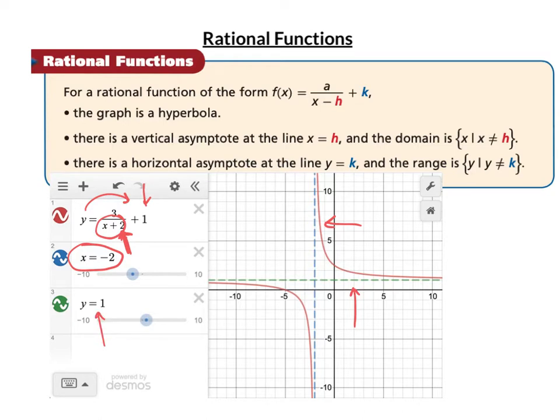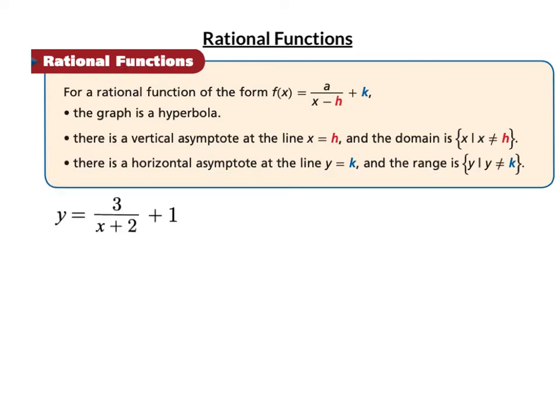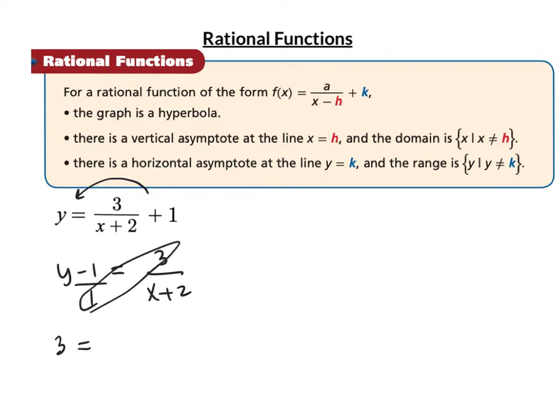Now, you might wonder, why can't we see that in the equation? Well, you actually can if you solve for x. Let's take this equation and solve for x. First, I'm going to move the 1 to the other side. That's y minus 1 equals 3 over x plus 2. I'll put that over 1 and cross multiply. I get 3 equals y minus 1 times x plus 2.